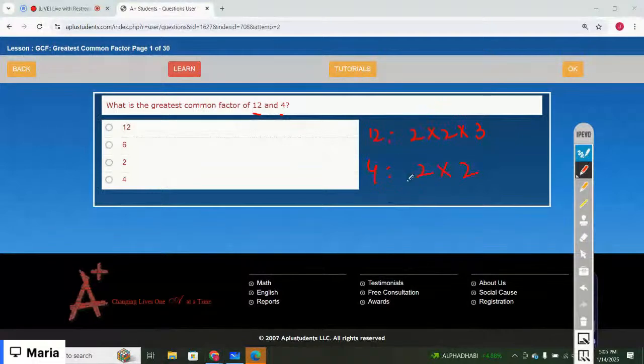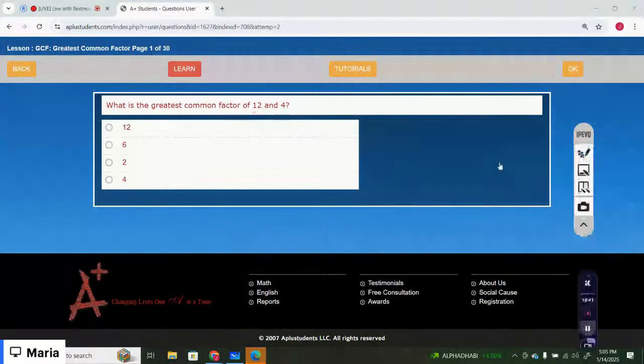So the greatest common factor, these two factors are common, so that is 2 times 2 is 4. So the correct option is 4. Option number 4 is the correct option.